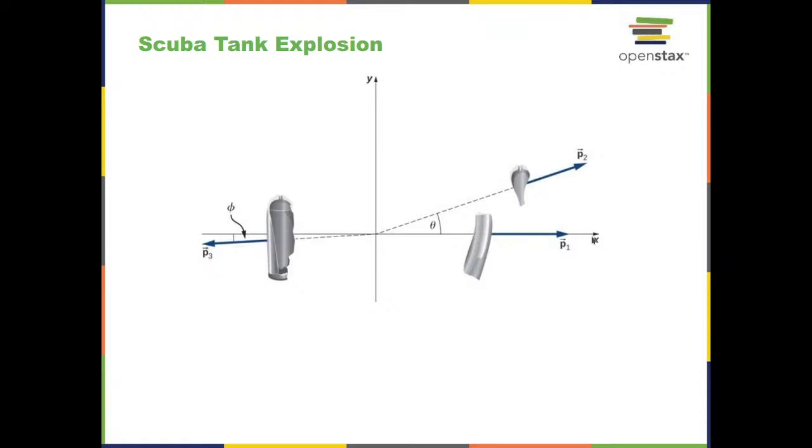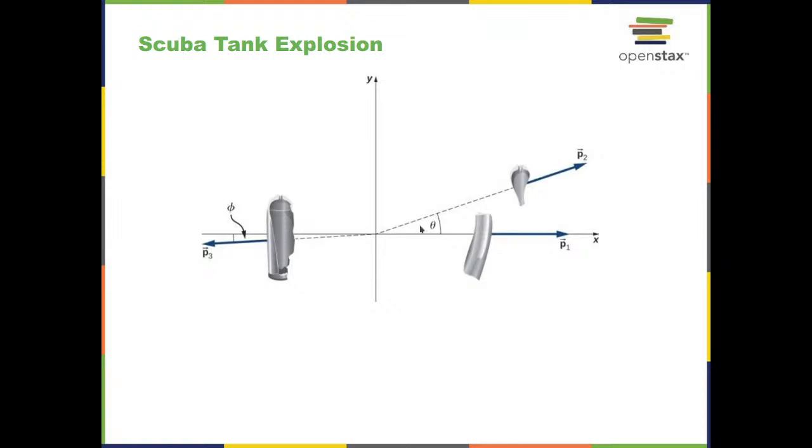In particular, P1 will now not have a y component at all. P2 flew off at an angle theta with respect to the first piece. So this is going to have a y component to the momentum. Part 3, which is what we want to calculate the initial velocity of, flew off at an angle phi with respect to the x-axis.